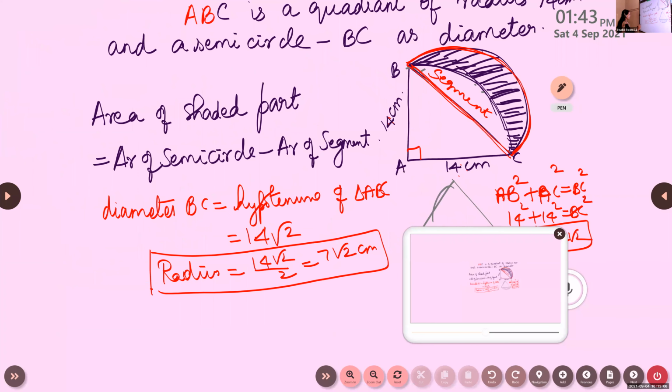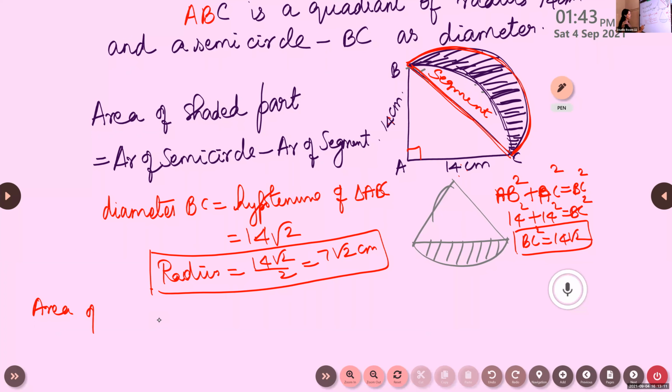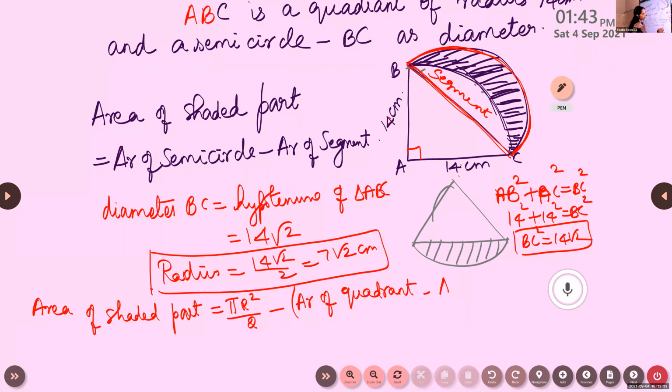So once again, I'm starting from this part. The area of the shaded part is equal to the area of the semicircle minus the area of the segment. Area of the semicircle will be pi r square by 2. The area of the segment is the area of the quadrant minus the area of the triangle ABC.